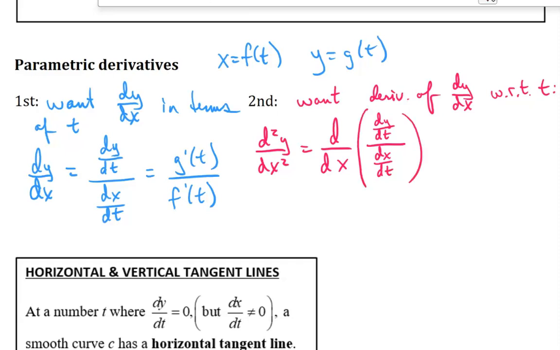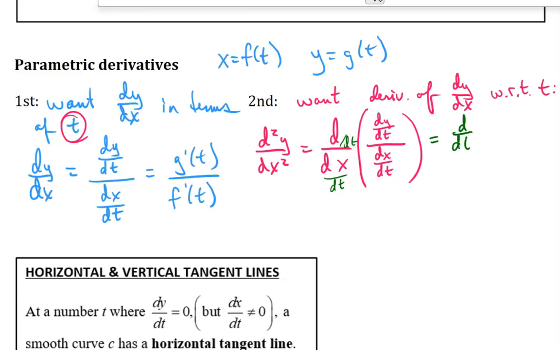Okay, so I'm taking the derivative with respect to x of that. Here's the issue though. This is not written in terms of x, it's written in terms of t. So how do we handle that? We're actually taking the derivative with respect to t of this and dividing by dx over dt.